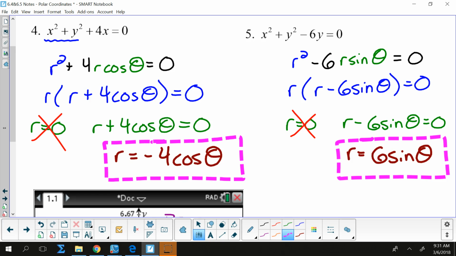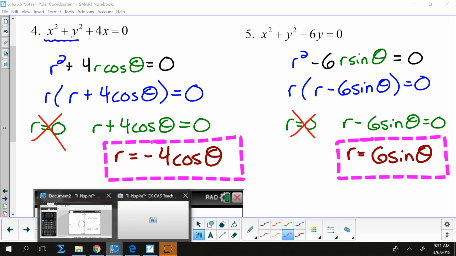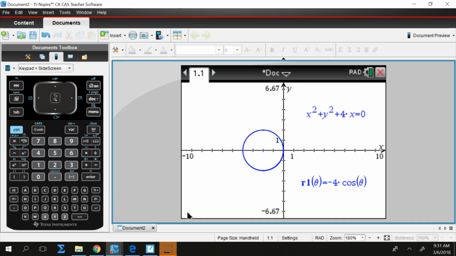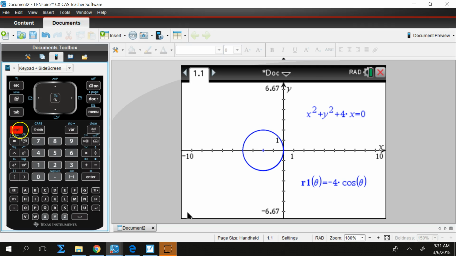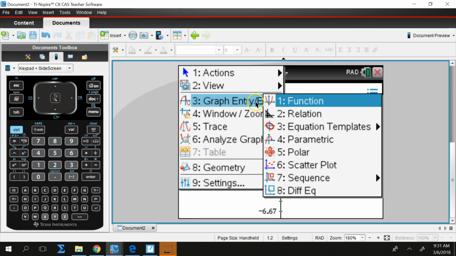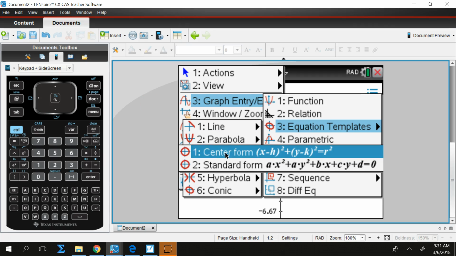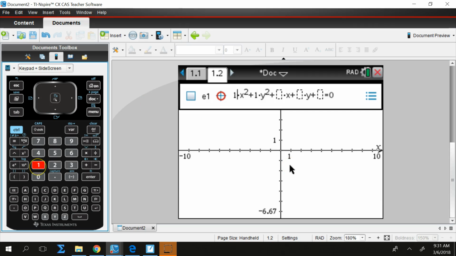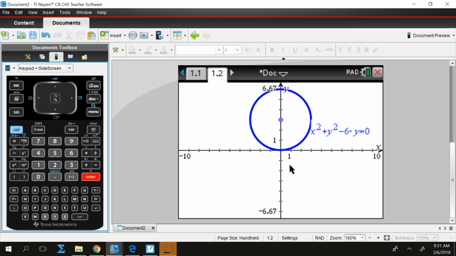Okay? Proving that graphically, let's just go to a new page. If I go in here, graph entry edit, equation, circle, standard, 1, tab, tab, 0, tab, negative 6, tab, 0, gets me there.